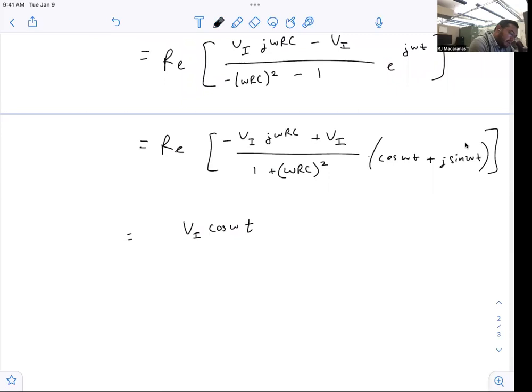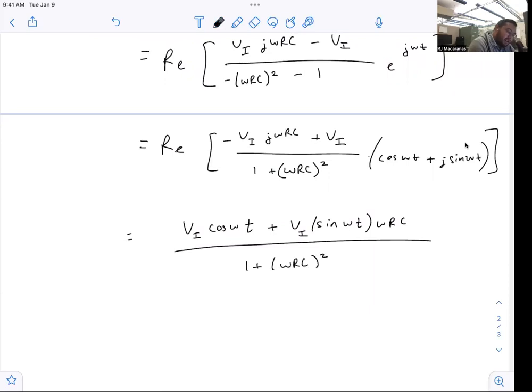And then we have a minus VI times this; we've got j times j, so we're actually adding VI times this sine omega t. And we're also multiplying by omega RC, with 1 plus omega RC squared.